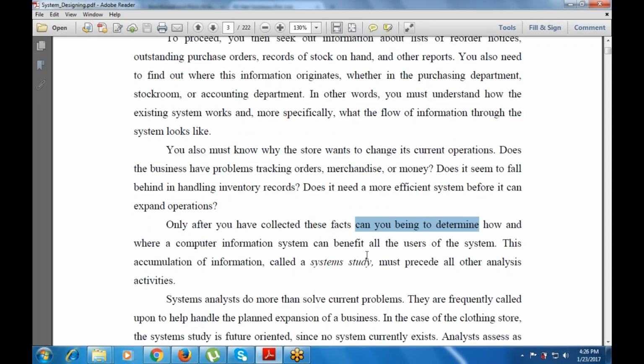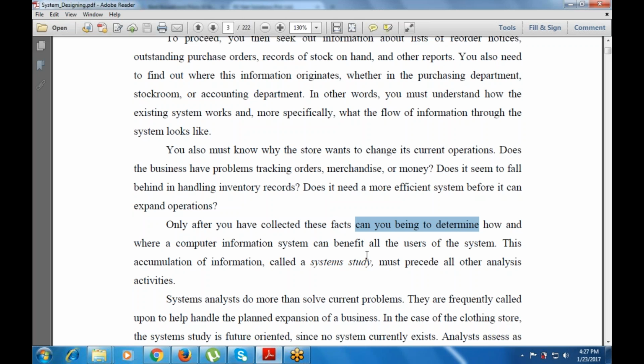System analysts do far more than address current problems; they are frequently called upon to help handle the planned expansion of a business. In the case of the clothing store, the system study is future oriented, since no system currently exists.